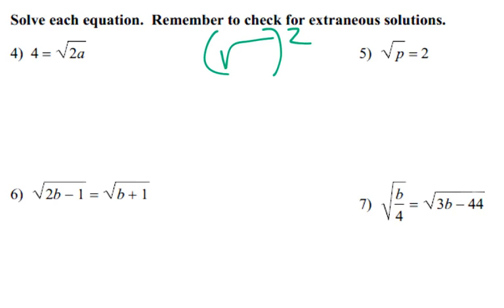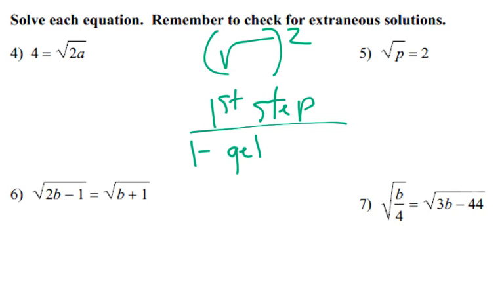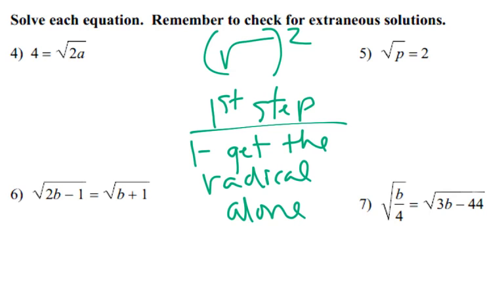So the first step in solving these is to get the radical alone. If I look at number 4, I've already got it alone. Number 5, it's already alone. Number 7, there's 2 of them, but they're alone. There's nothing else.